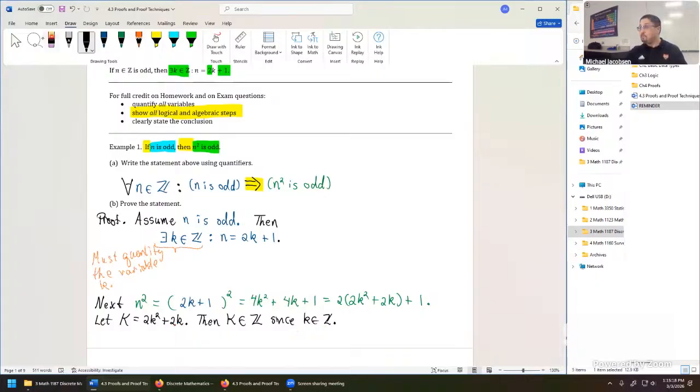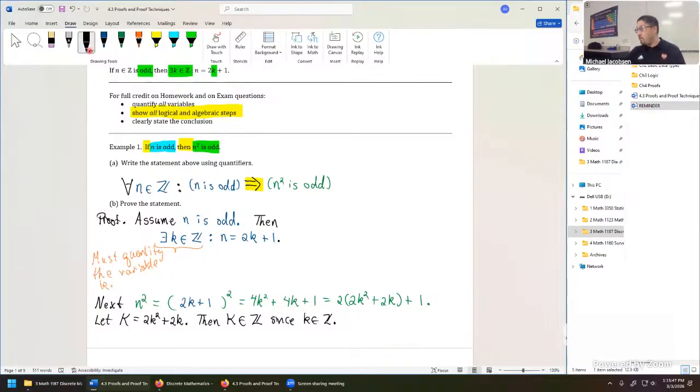What does that get us? We're back to this right here. We found an integer K, that's our uppercase K written down below, such that if you double it and add 1, it resolves back to the original n squared. What does that mean about n squared? It fits this structure. We can now just conclude right here, state our conclusion. n squared is in fact odd because it fits this right format.